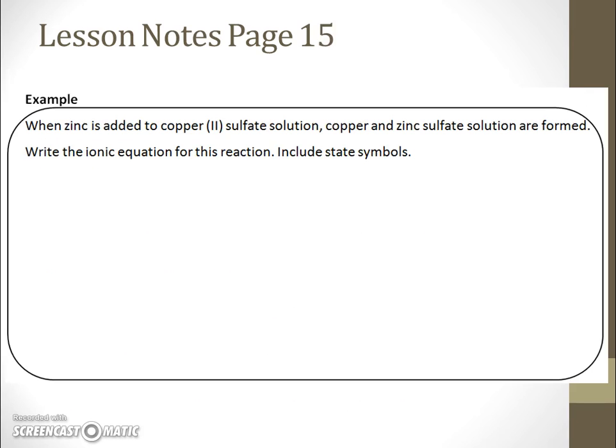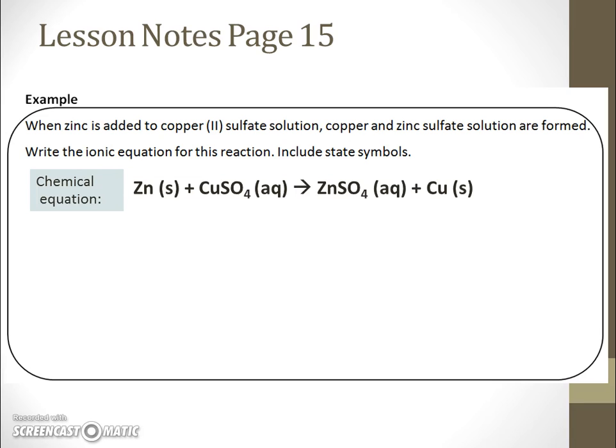Lesson notes page 15. This example. So when they give you a reaction, what do we do? The first step is we write the chemical equation. So to make things a bit faster, the chemical equation is given to you here.